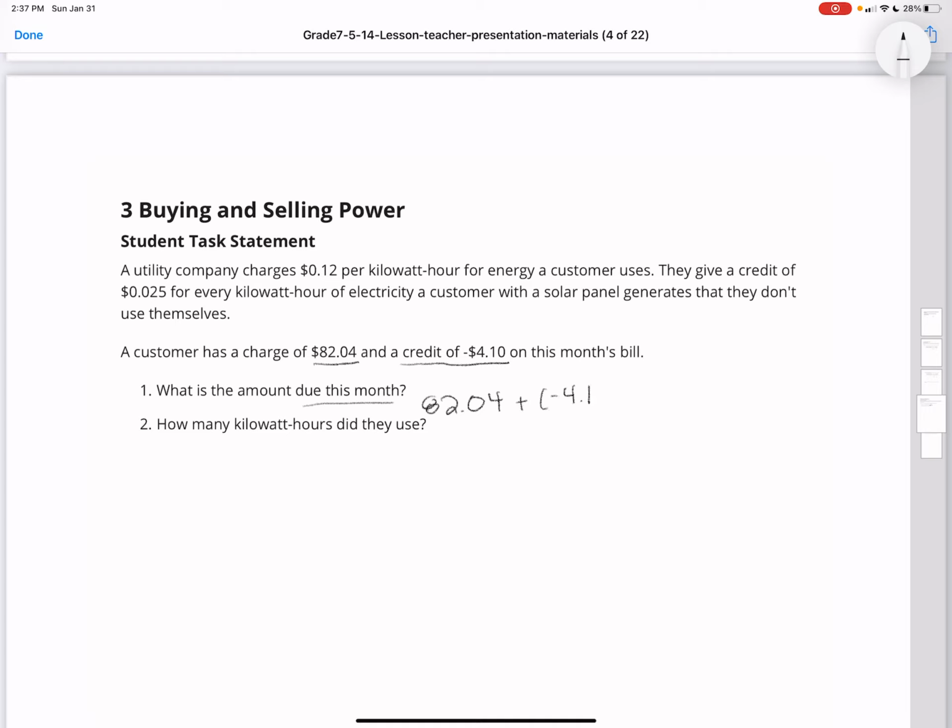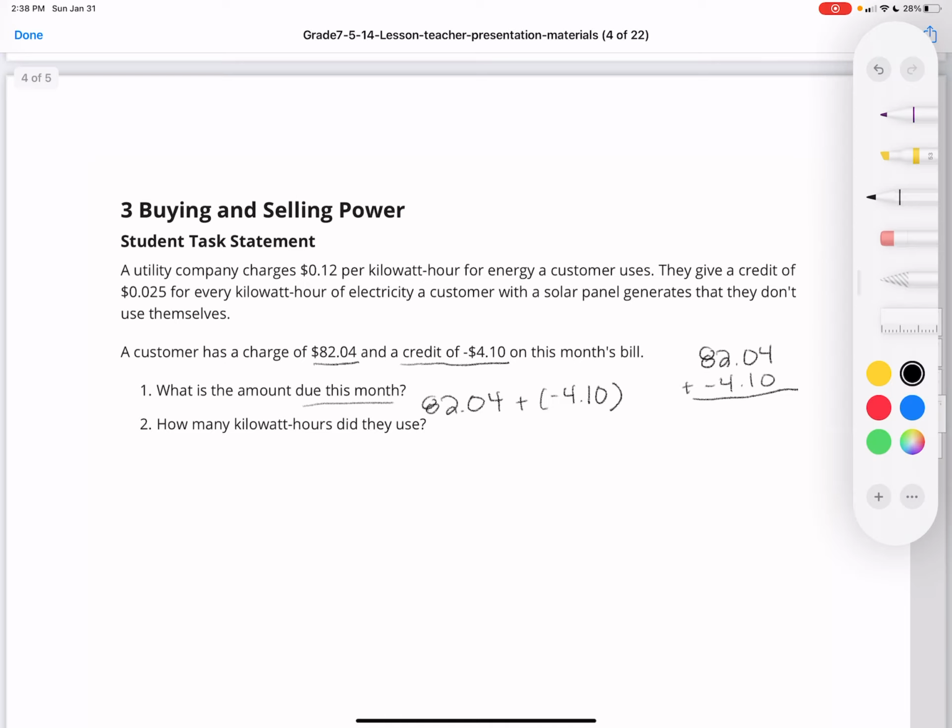Now, just like what was discussed in previous lessons, adding two numbers with different signs is the same as subtracting. So I want to do $82.04 plus negative $4.10. Okay? I could ignore the addition sign, let me take that away because I do want to subtract. Sorry about that.